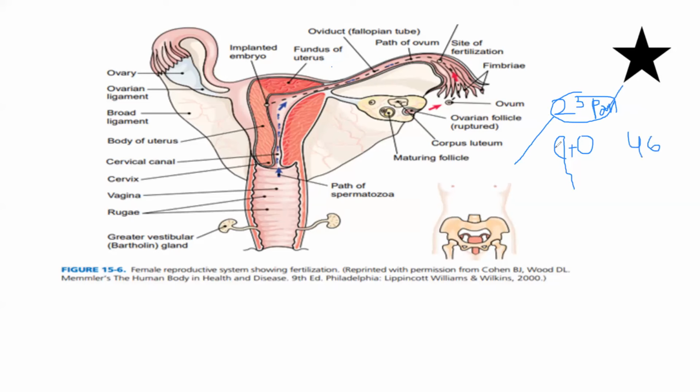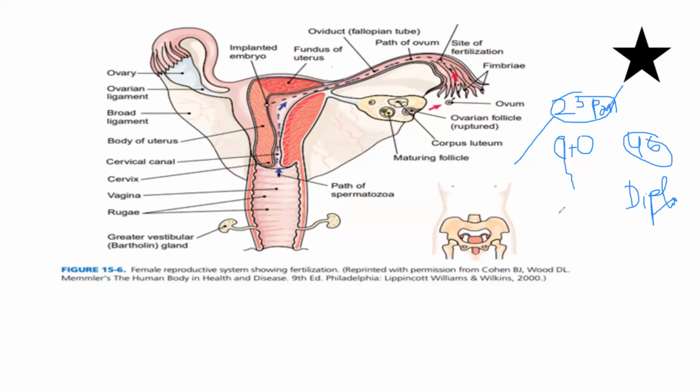Now, when our cells mature to make a new cell, this number of chromosomes is the full number. We also call it diploid. Diploid number of chromosomes, D-I-P-L-O-I-D. Now, by division, they become half in sperm and ovum.